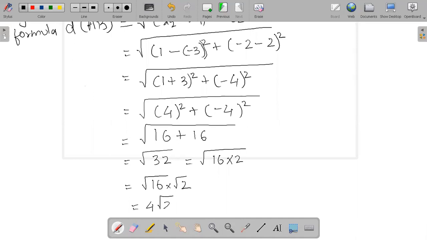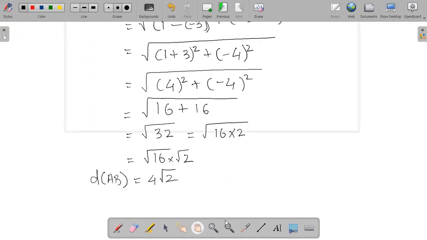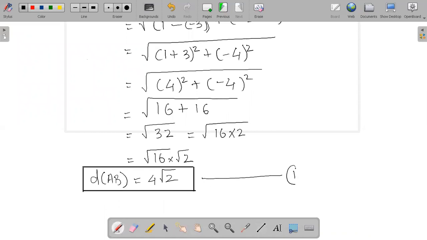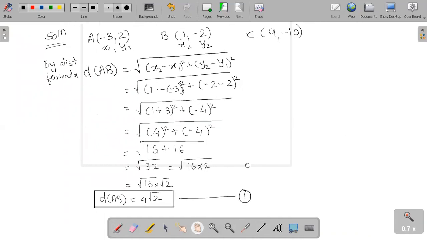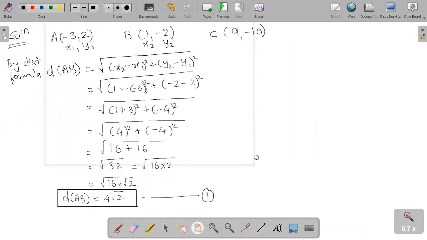So this becomes 4 root 2. The distance AB is 4 root 2. I'll just name this as 1. So first, I found out distance AB.